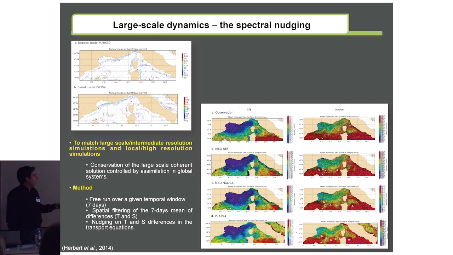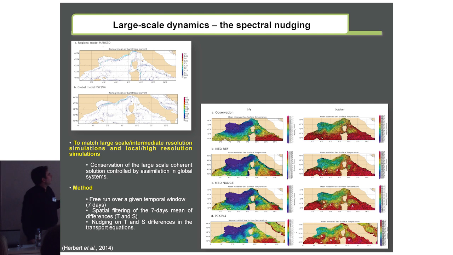Then what we do in the ocean, in these applications, we do a free run over a given temporal window. Let's say 7 days. We filter it to reach the scale of the larger model. Let's say it's 10 kilometers. We filter at 10 kilometers, in temperature and salinity, and we nudge this difference in temperature and salinity over these temporal windows.